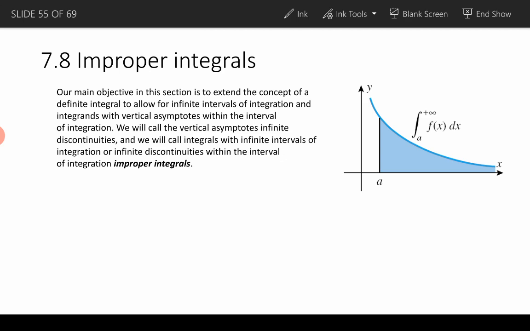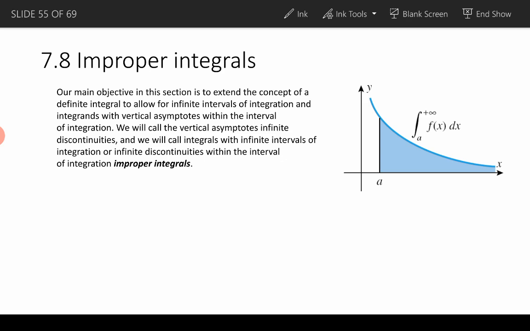We have seen in a previous theorem that continuous functions are integrable, and bounded functions with finitely many points of discontinuity also are integrable. We also observed that functions that are not bounded on the interval of integration are not integrable. For example, if you have a vertical asymptote within the interval of integration, the function will not be integrable.